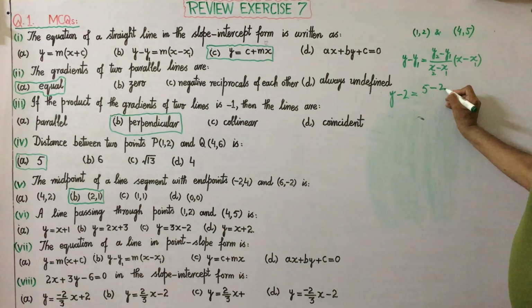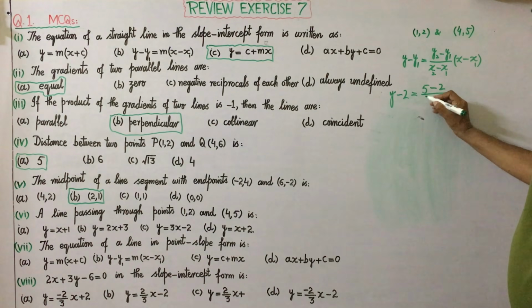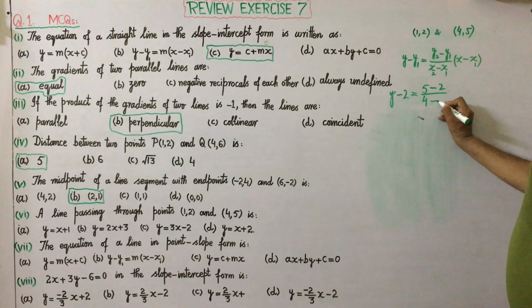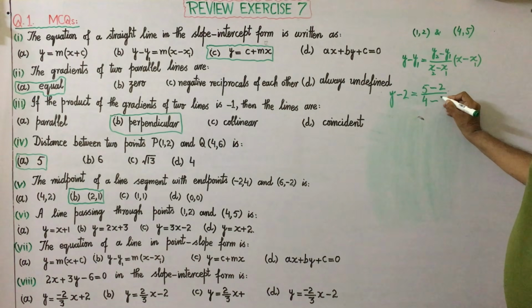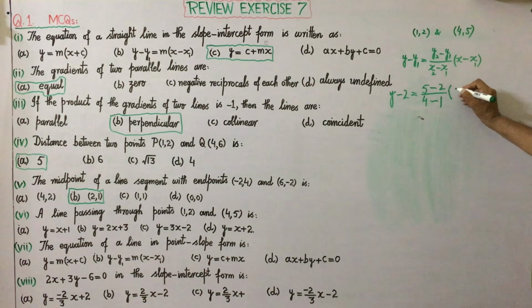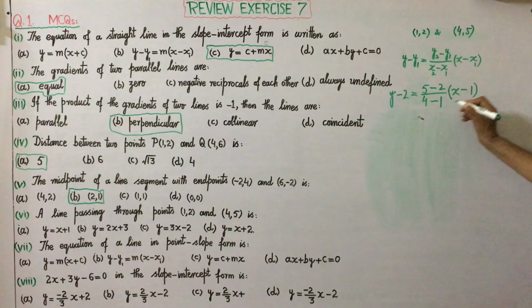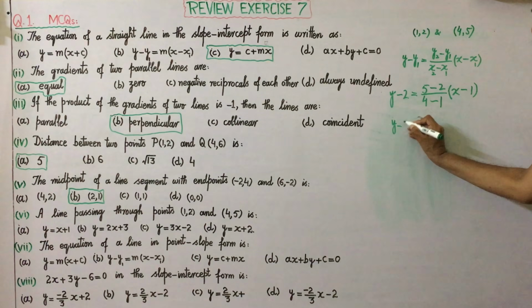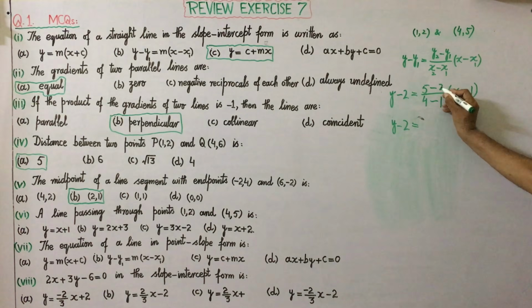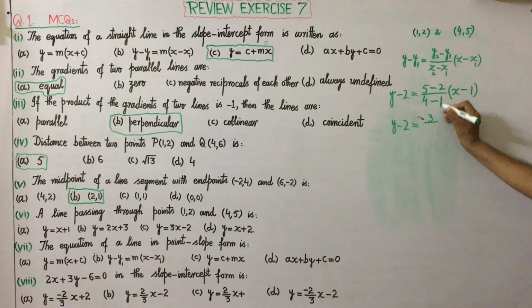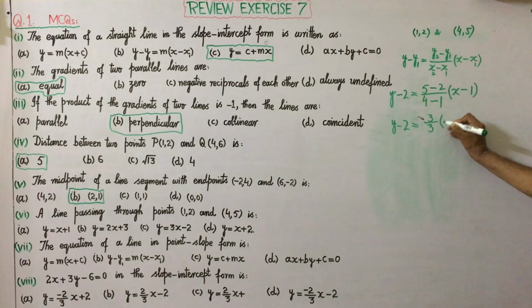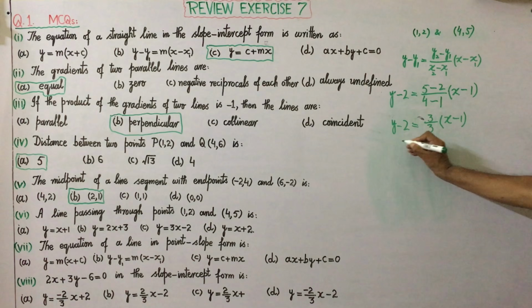is 2 over x2 is 4 minus x1 is 1, x minus x1 is 1. Y minus 2 is equal to 5 minus 2 is 3, 4 minus 1 is 3, into x minus 1.